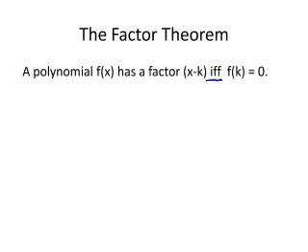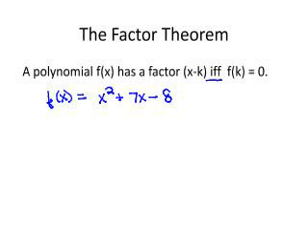All right, let's just take a quadratic. Let's say quadratic polynomial. So let's say we have f of x is equal to x squared plus 7x minus 8. Okay, I'll just pick something that is easy to factor here. So the factors are x plus 8 times x minus 1.